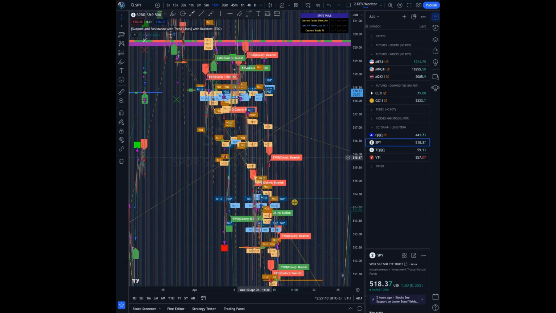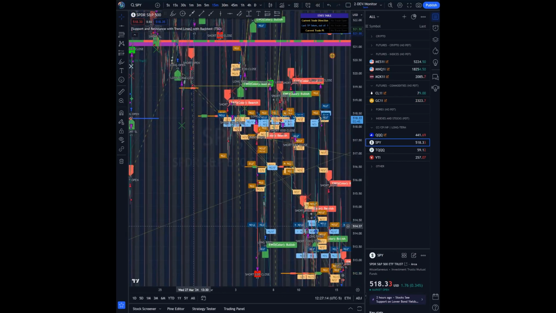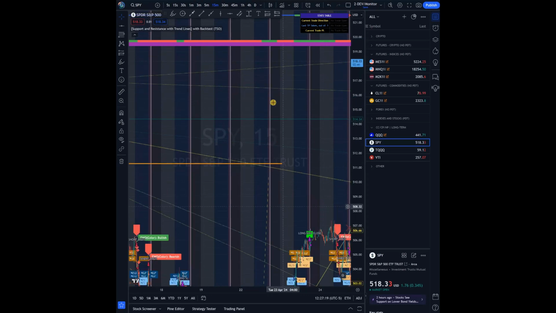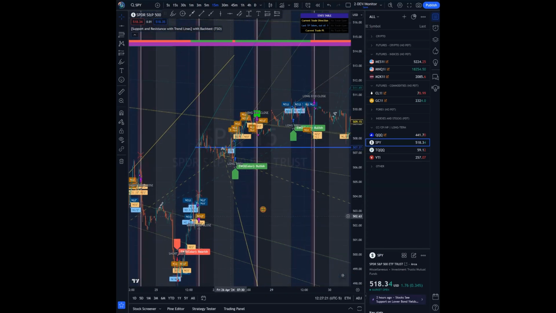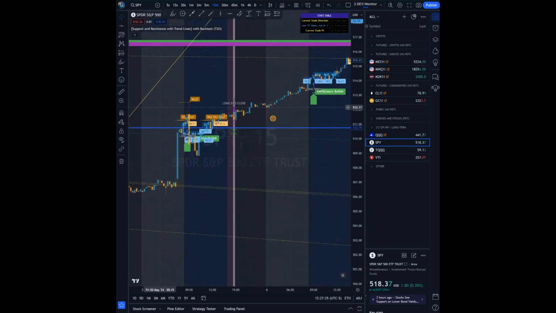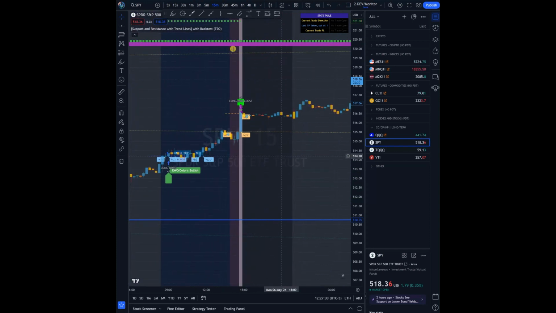For example, this is basically how far the script will look for the actual level, like this trend line.